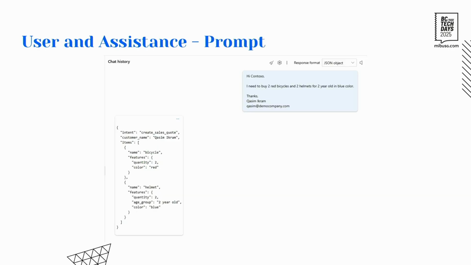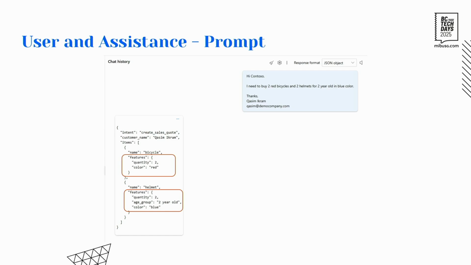Running the same prompt again, we can see the name and the feature were correctly split, but now still we have another issue, which is the feature is not an array, it's a key value pair. Again, something which is not predictable. We need to make sure that everything comes in the exact same format so that we could work against that.